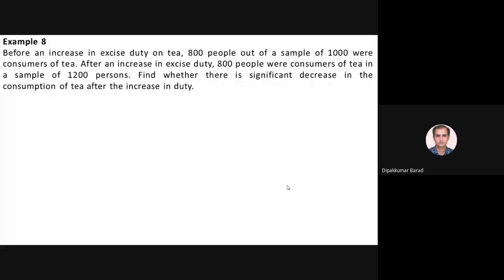First of all, what we have been given is n1 and n2. So n1 is 1000 and n2 is 1200. And we get small p1 and small p2.